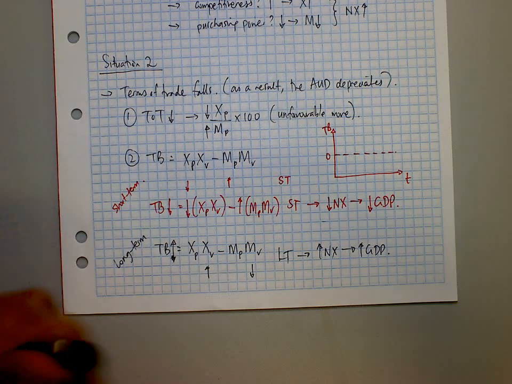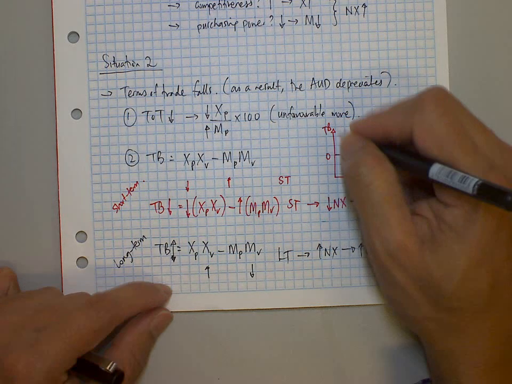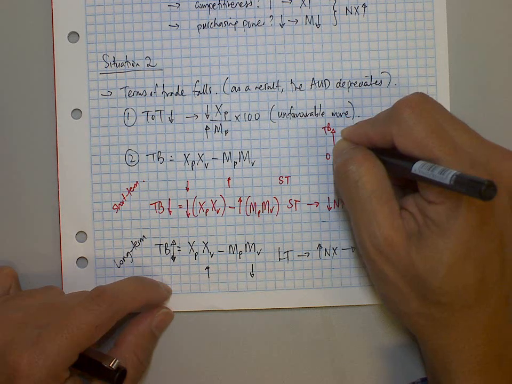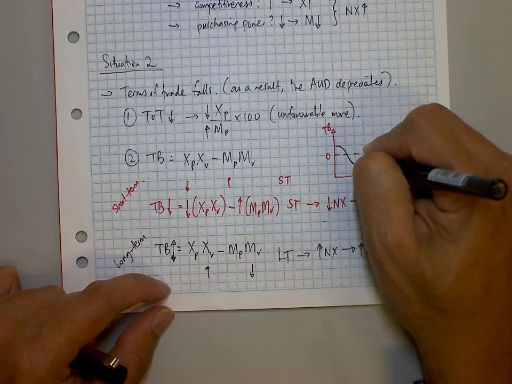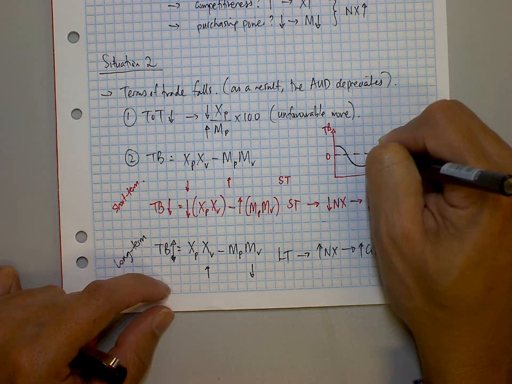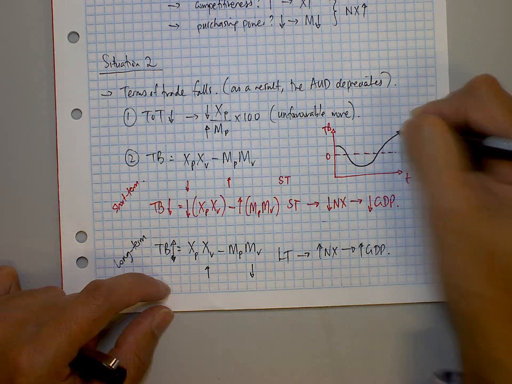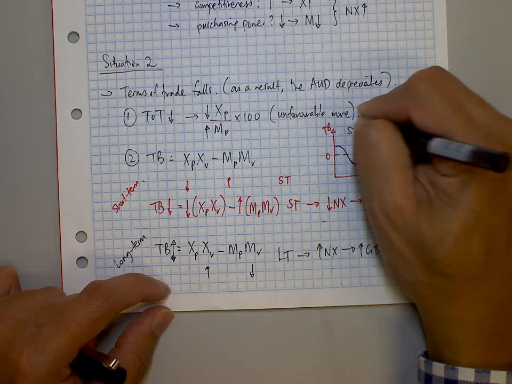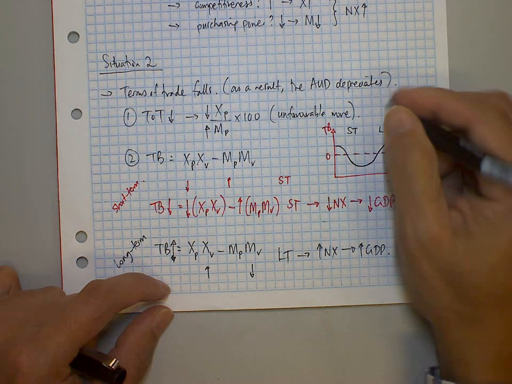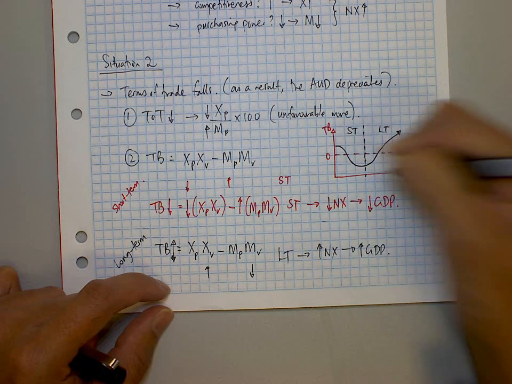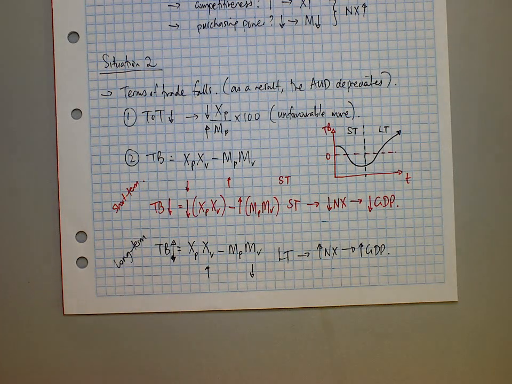Initially, if there is a fall in the terms of trade, you'll get a decline in the trade balance, but over time, as the country becomes more competitive, we end up with a higher trade balance. Okay, so then you have short term over here, and then long term over here.